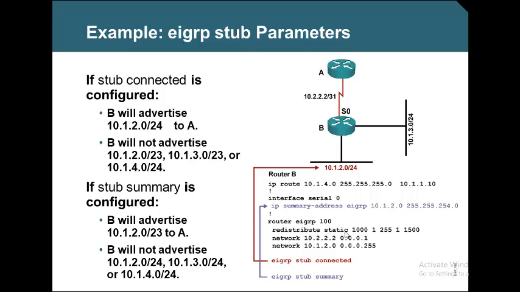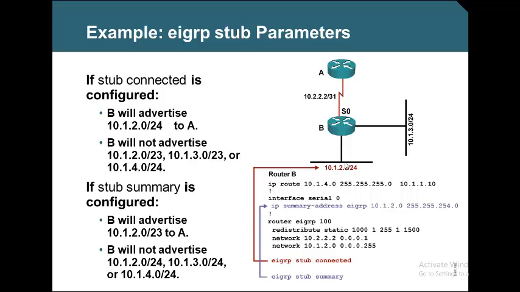And EIGRP is running on 10.2.2.2, which is serial, one network, .2 and .3. And then 10.1.2.0/24 in this link. So on the downlink and the uplink, EIGRP is running.